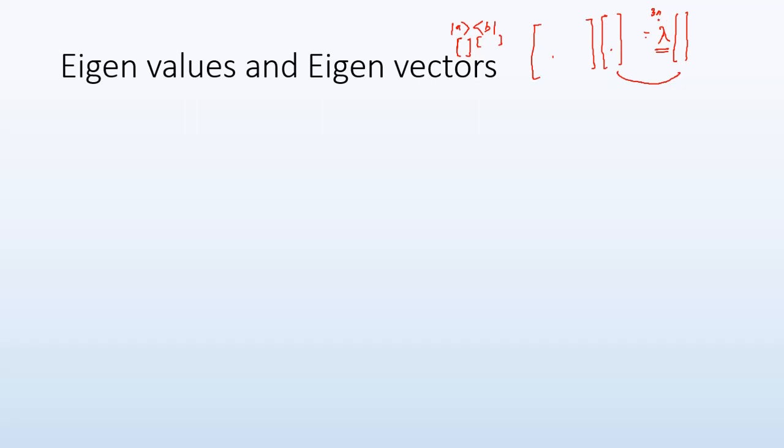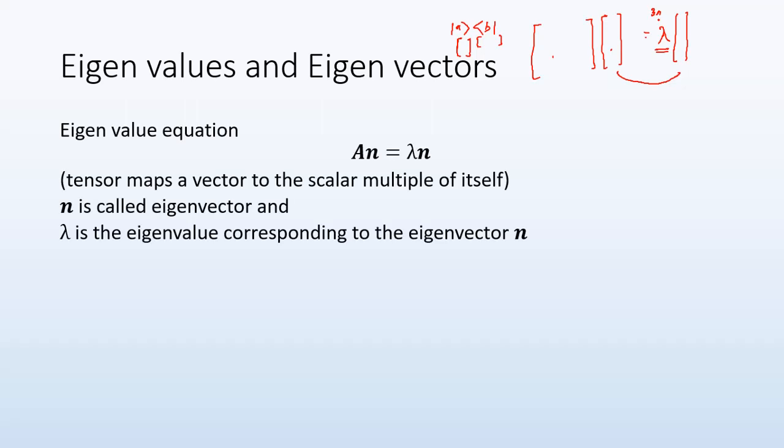So mathematically, we can say that if any vector can be mapped to itself using a tensor, then we call that vector an eigenvector. We are familiar with the eigenvector equation, An = λn. Here you can see that this vector n is mapped to itself using an operator, a matrix, a tensor.